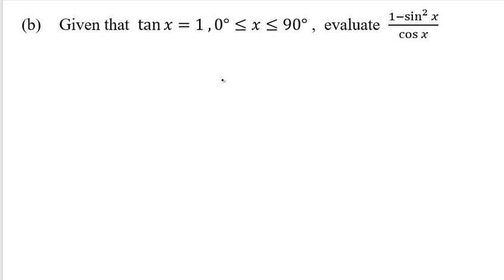If we consider our OXY plane, x is going to be in this first quadrant because it falls within 0 degrees and 90 degrees. So x is going to fall in this quadrant.